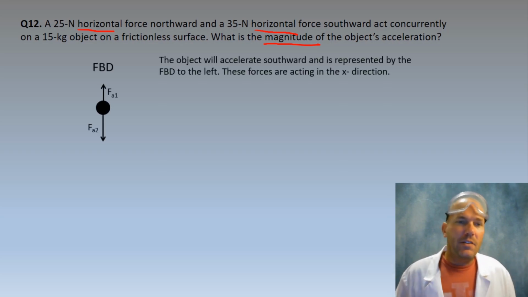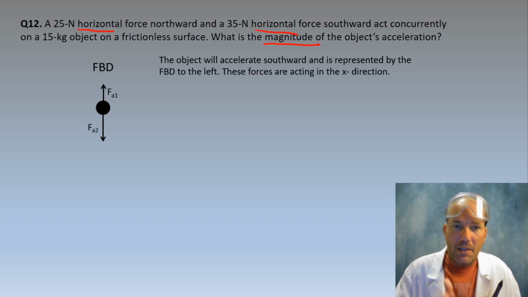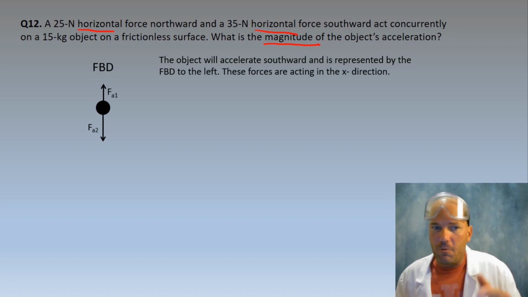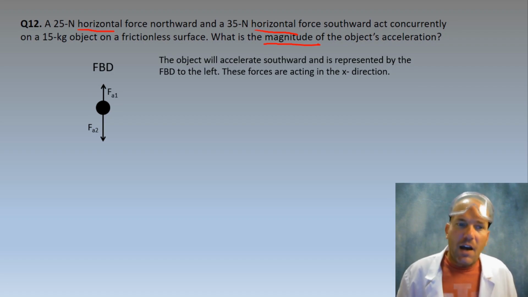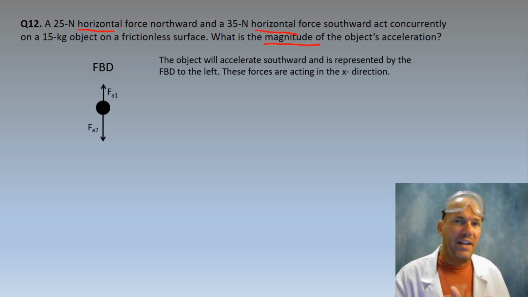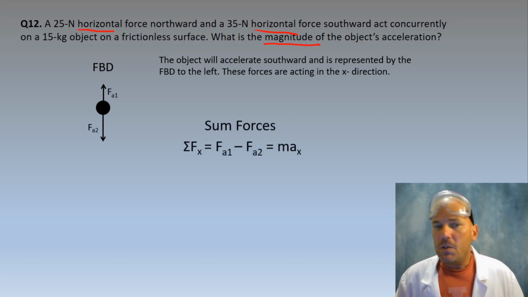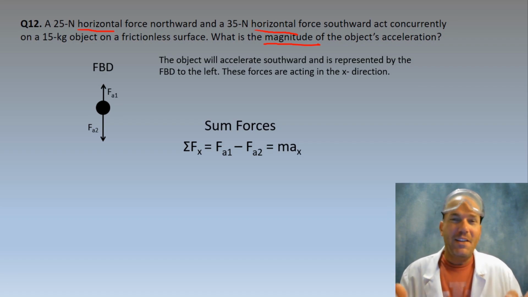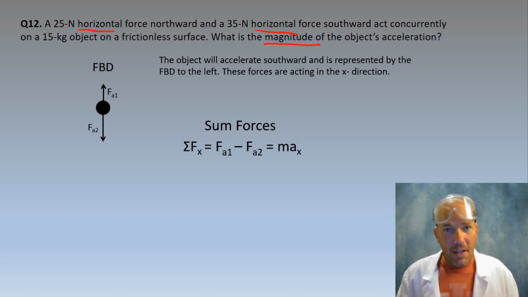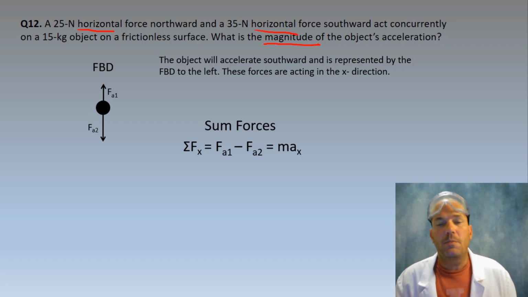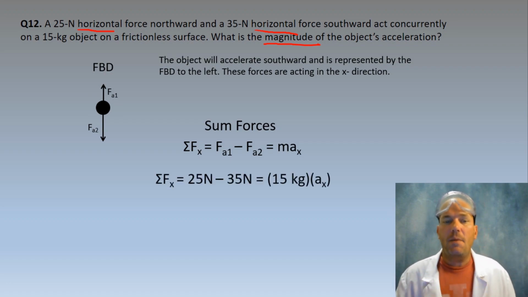So we're looking at one heading basically north, which is force applied 1, and the other one south, which is force applied 2. Notice that force applied 2 is greater in magnitude than force applied 1 and is indicated as such on the free body diagram. Summing the forces horizontally, if we call up or north positive, and down or south negative, we get force applied 1 minus force applied 2 equals mass times the acceleration of the object.